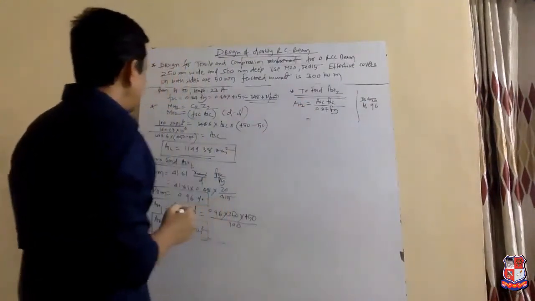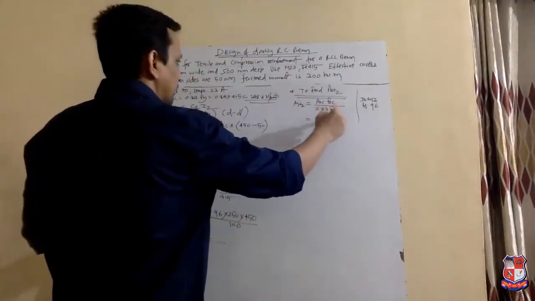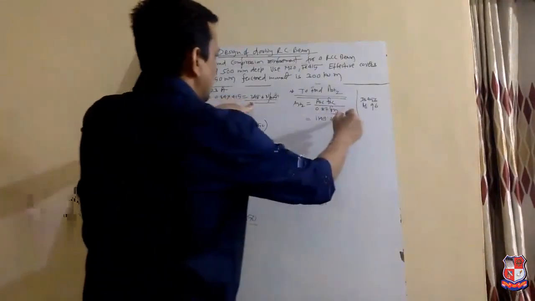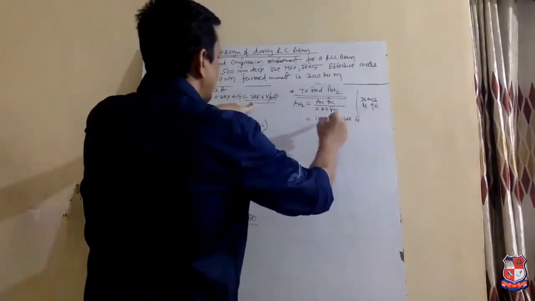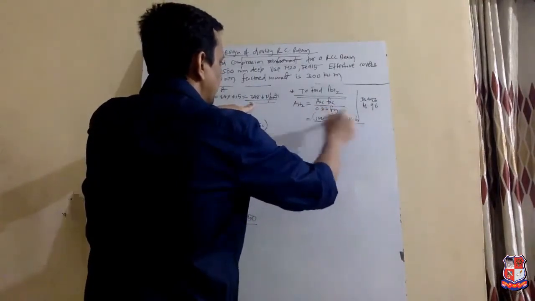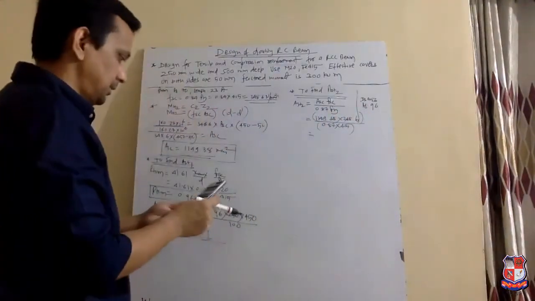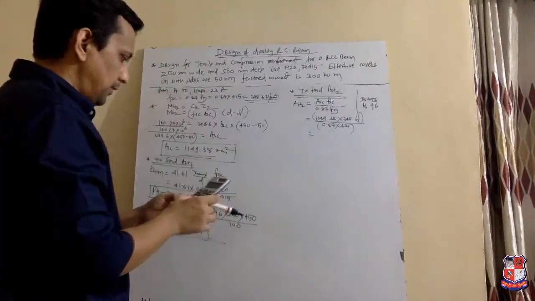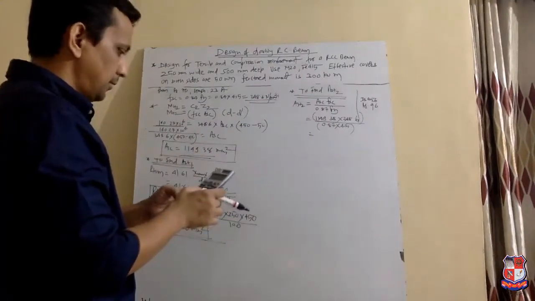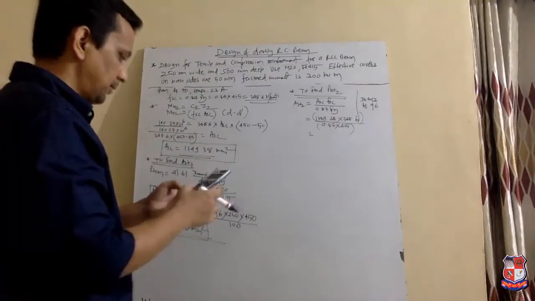IS 456, page number 96 is given. AST2 is equal to ASC, we have 1149.38, into FSC, we have 348.6, upon 0.87 into Fy, 415. So in this way, we get 1149.38 into 348.6 divided by 0.87 into 415.